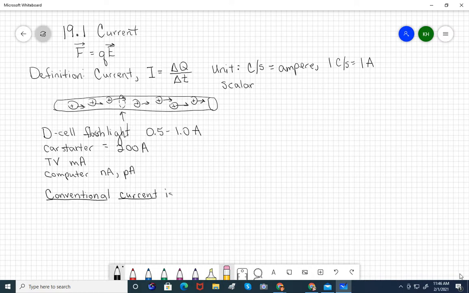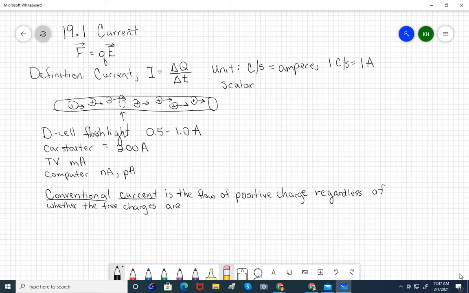Conventional current is the flow of positive charge regardless of whether the free charges are positive or negative.